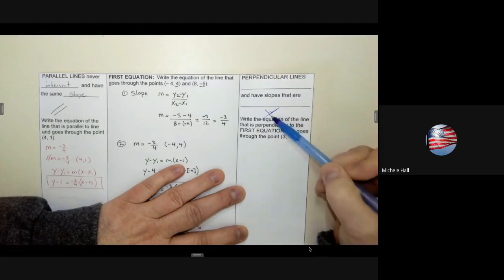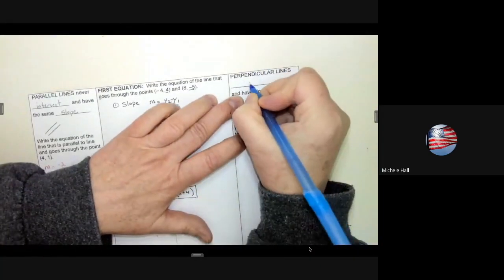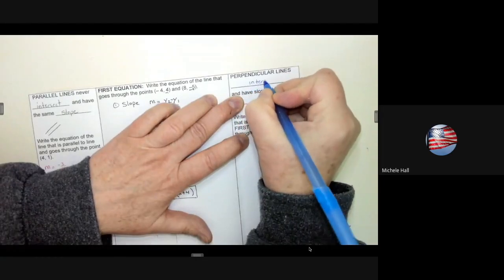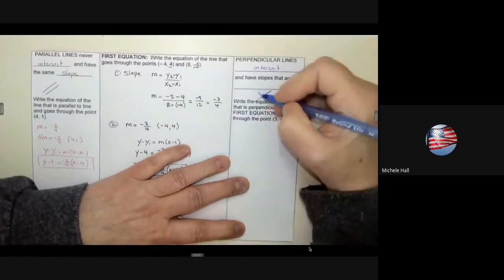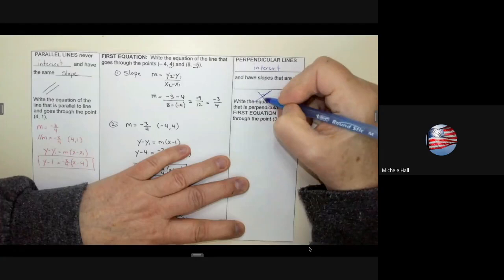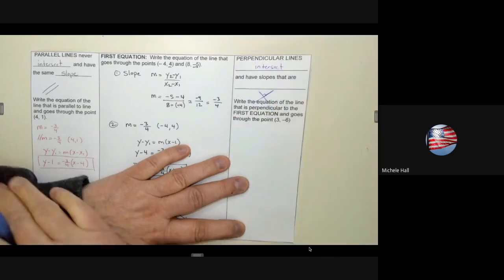Perpendicular lines intersect. And have slopes that are, well, if this was my first slope and it was negative and it was going down, what kind of slope does the perpendicular line have?